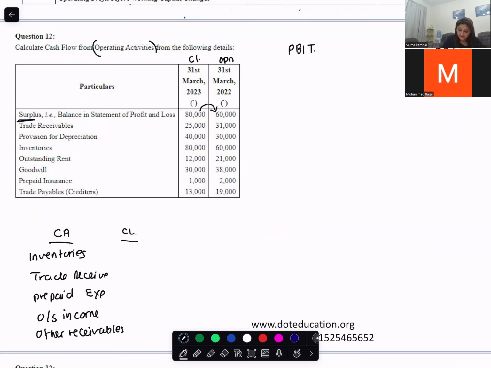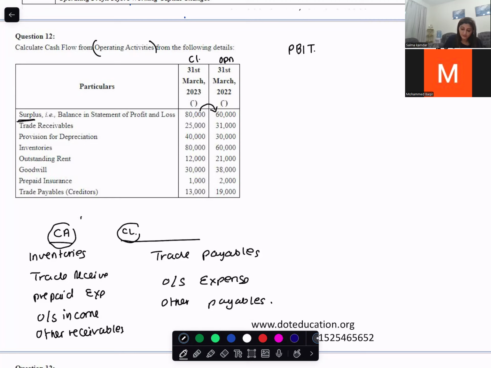When I talk about current liabilities, it will be trade payables, outstanding expenses, and other payables. Anything that comes over here would come in the working capital changes.